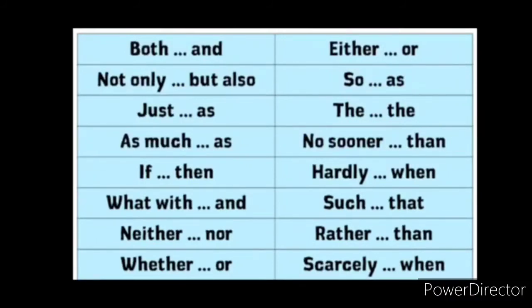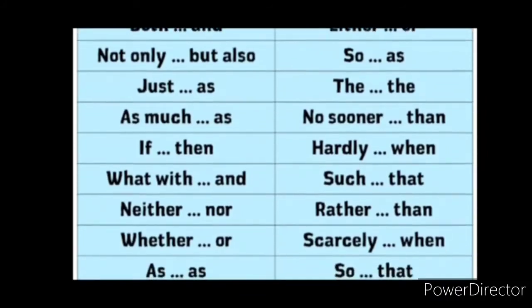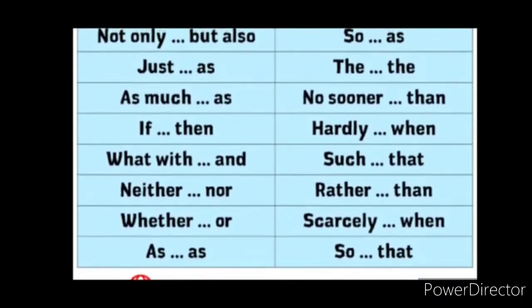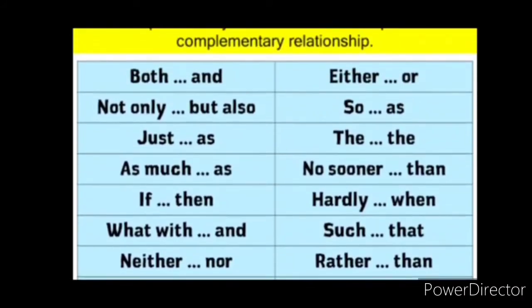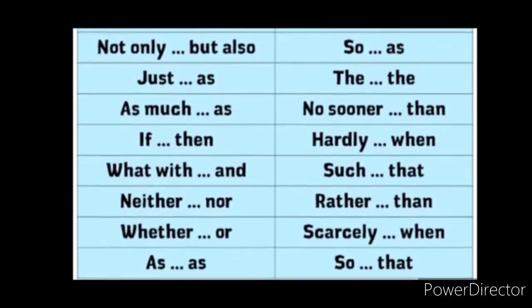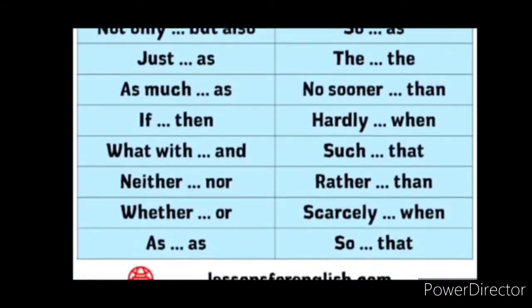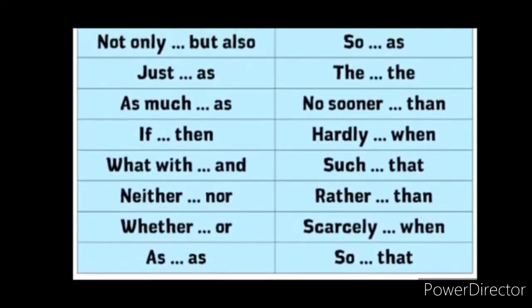Both and, not only but also, just as, much as, if then, what with and, neither nor, either or, as so, either or, so as, no sooner than, hardly when, such that, rather than, scarcely when, so that.